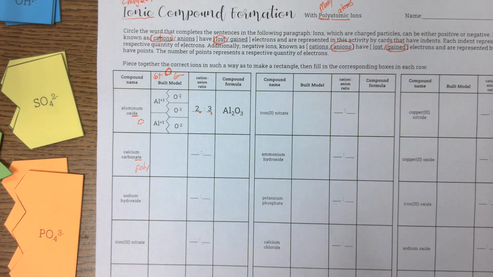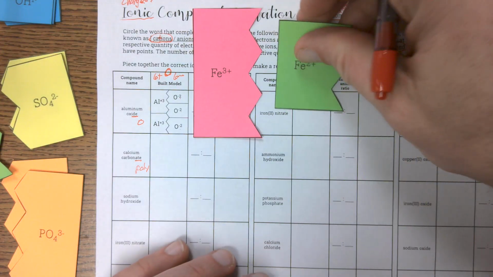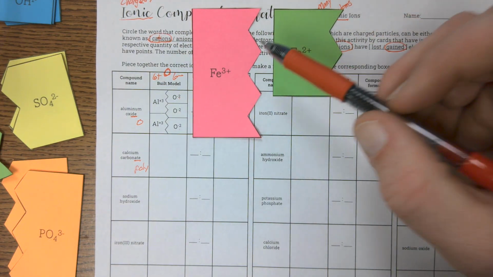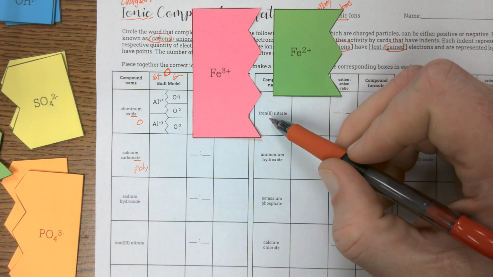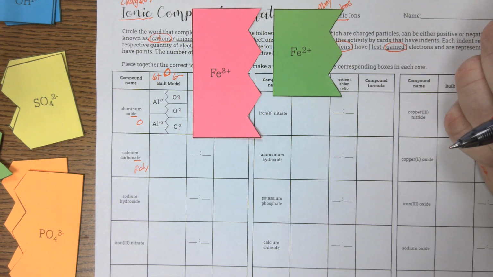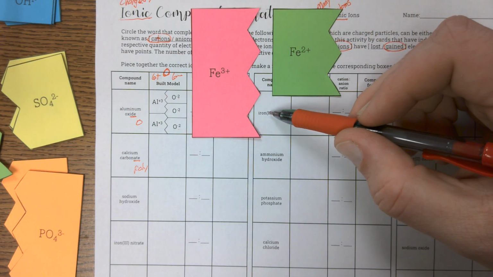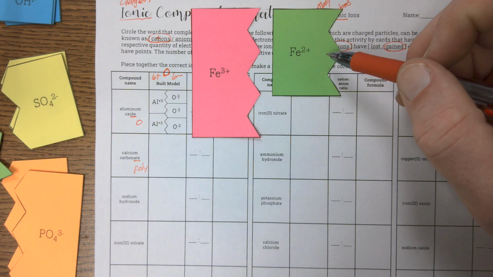And so if you go through your little bundle here, you're going to find 2 different puzzle pieces that have Fe for iron. And so one of them is 3+, the other is 2+. So which do you think iron 2 refers to? I'm guessing the 2+.